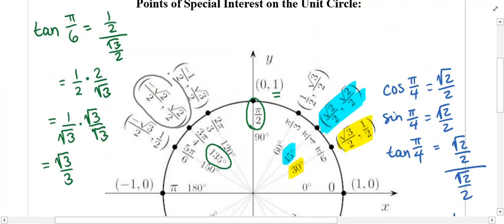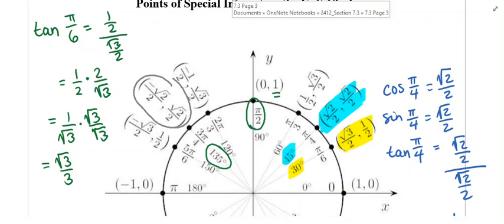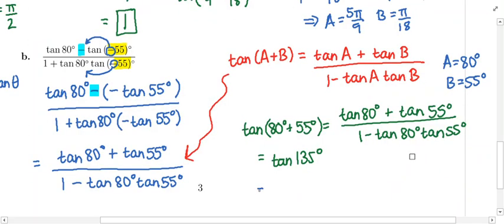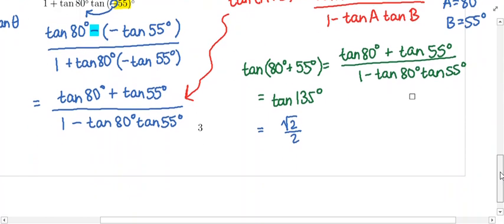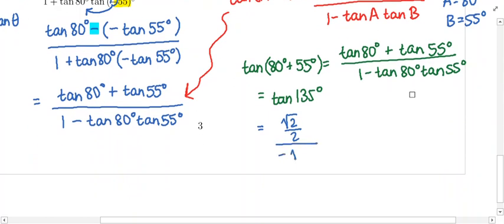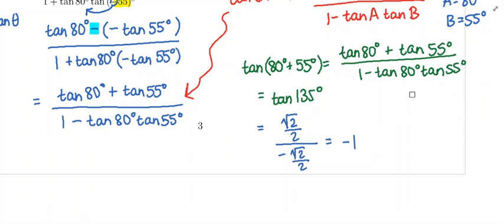To compute the tangent, we need to do the y coordinate divided by the x coordinate. That gives us the square root of 2 over 2 divided by the negative square root of 2 over 2. Anything divided by itself is 1, so we end up with -1 here, and that is our value.